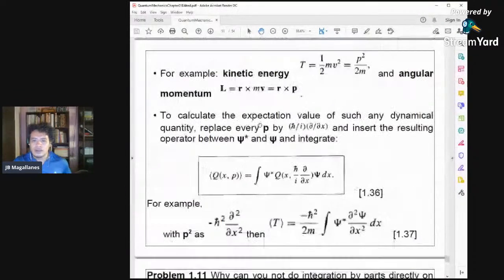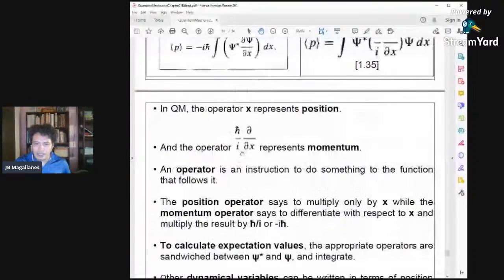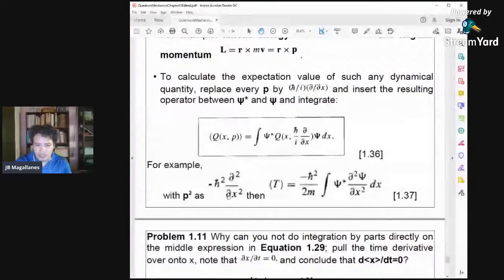To calculate the expectation value, this is just what you have to do. p squared becomes this operator, so you have to place it in between psi star and psi.